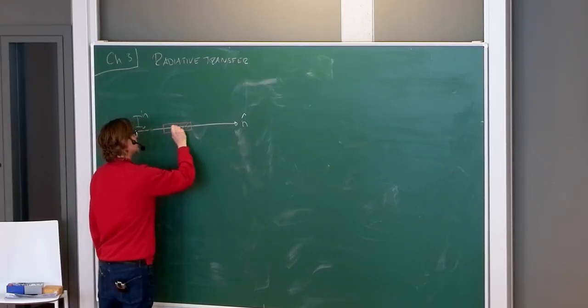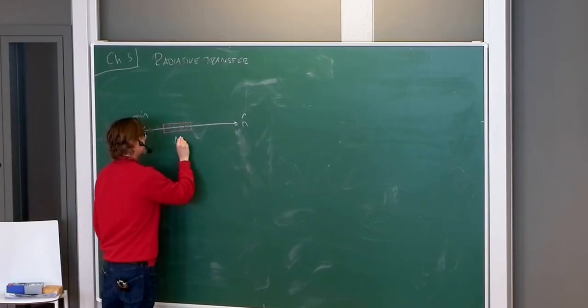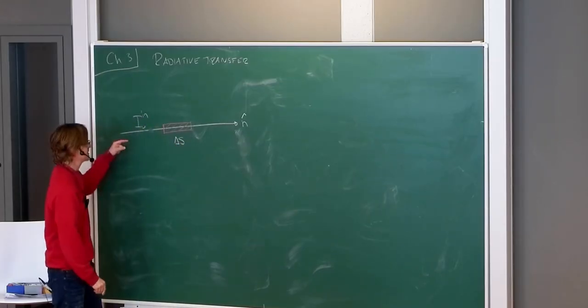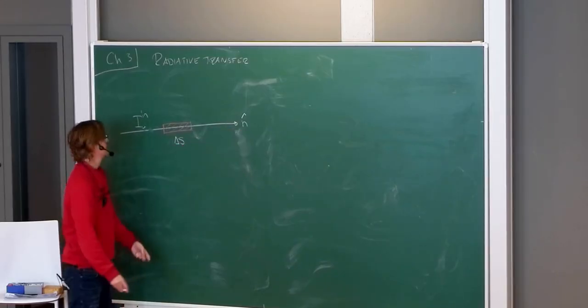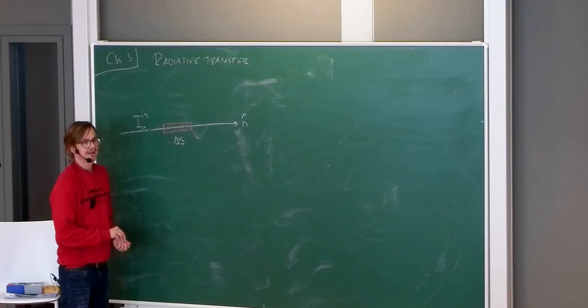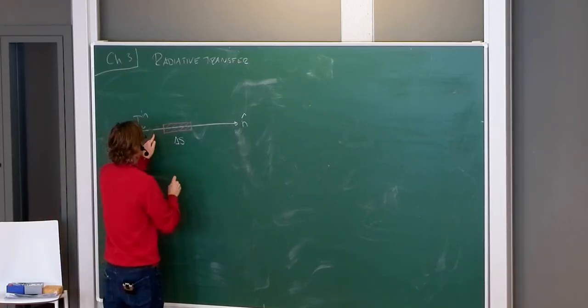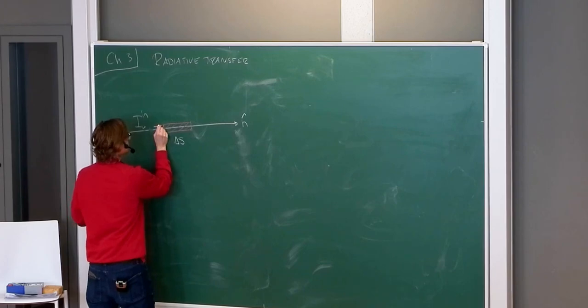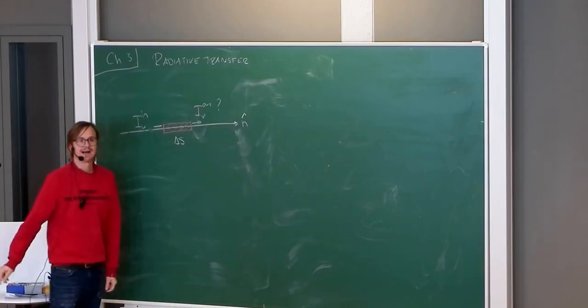And in this part now, along some delta S, where delta S now is a segment along this ray, the radiation and matter can interact. And then we're interested in, okay, this is what goes in. How does this change? What is coming out?